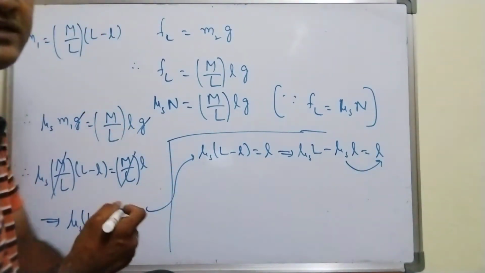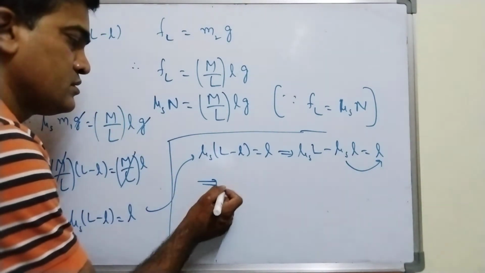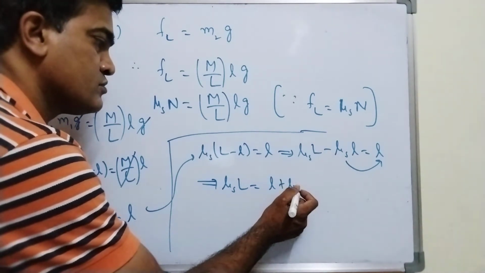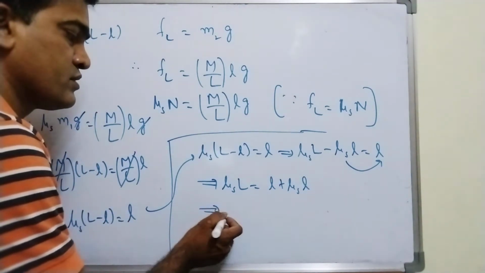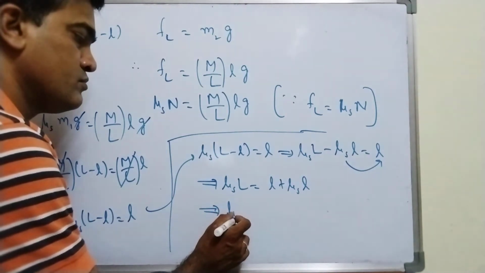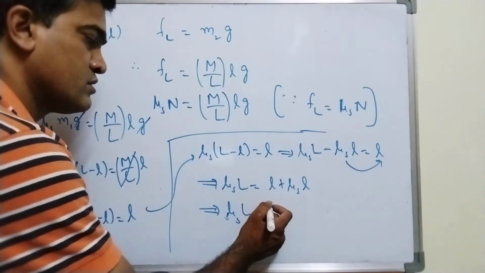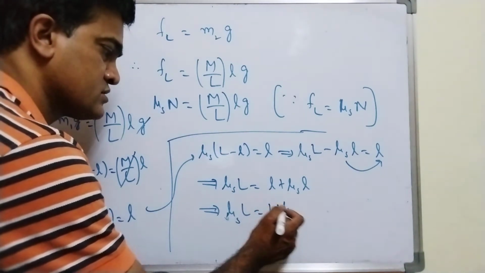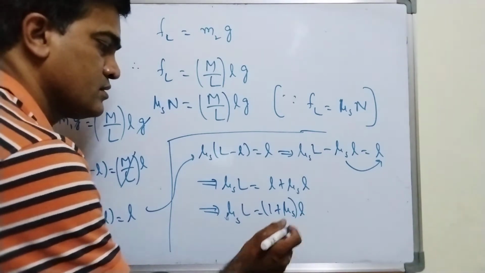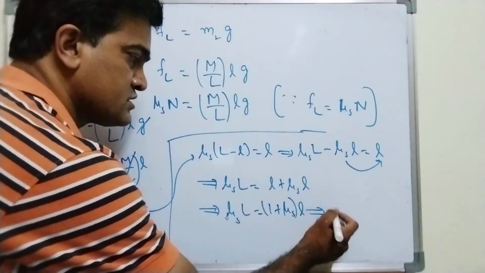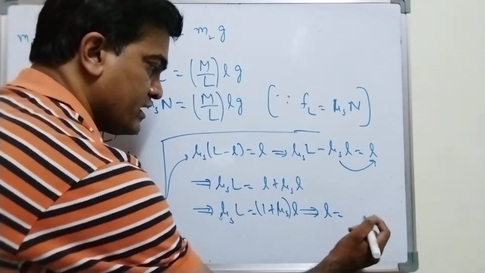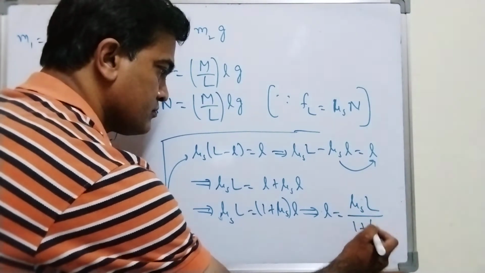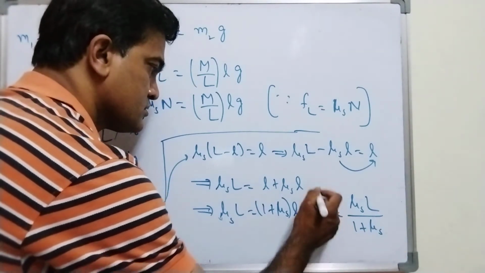Take this towards the right side, so that mu s into L is equal to l plus mu s into l. From this, mu s into L is equal to, I can take l as common, l into (1 plus mu s). My interest is to find out small l. So l is equal to mu s into capital L by (1 plus mu s).